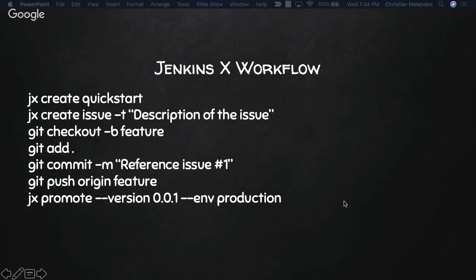So, how does the Jenkins X workflow look when you're working as a developer? You will basically have two ways. You can create a quickstart that it will present to you. It is not going to be a UI, but it will be in the command line. Again, you can automate that part, or you can just run jx import, and it will create the Dockerfile and the Jenkinsfile for you.